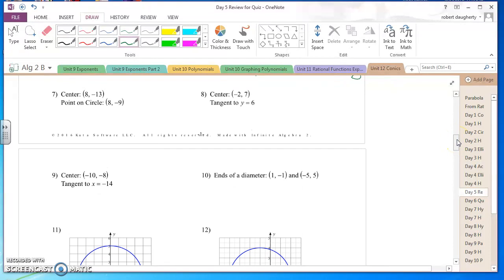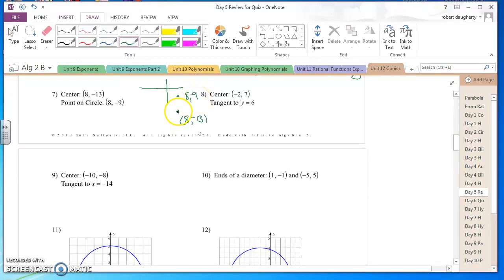If I have the center at 8, negative 13, and a point on the circle 8, negative 9. So think about it, at 8, negative 13 is the center, okay? Let me just put the center down here. Let's just say that this is 8, negative 13, and that's the center, and then 8, negative 9 is the point on the circle.